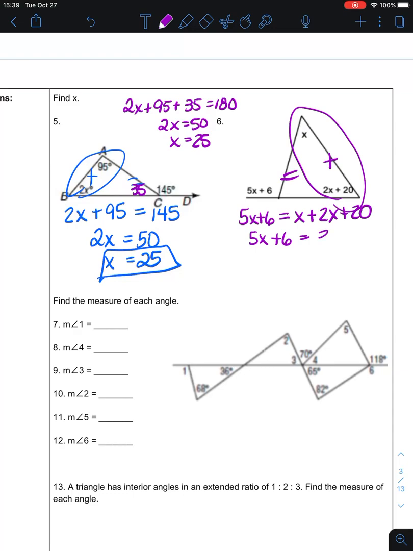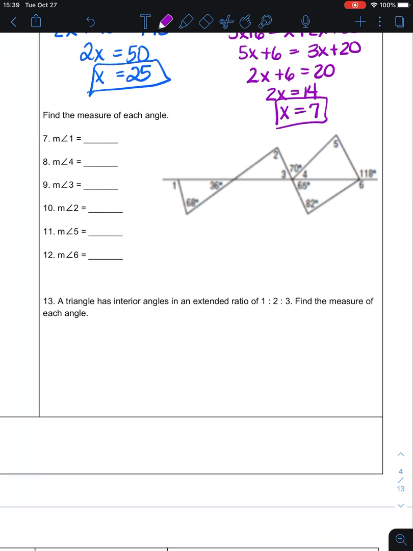Now we're done with the geometry, we just need to do the algebra. So 5x plus 6 equals 3x plus 20. I have a variable on both sides, so I need to get them on the same side. Subtract 3x from both sides and get 2x plus 6 equals 20. Subtract 6 from both sides and get 2x is 14. Divide by 2 on both sides and you get x is equal to 7.